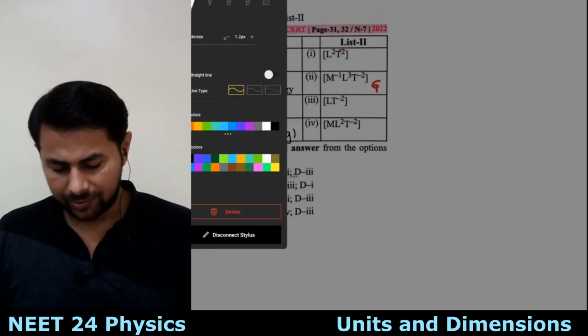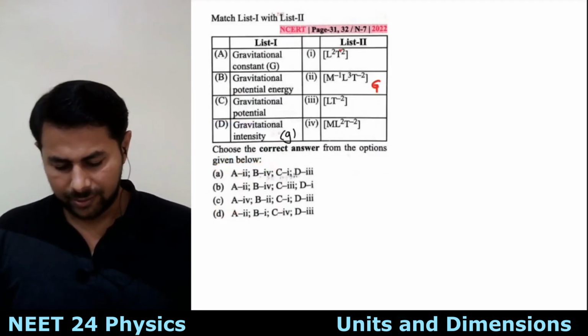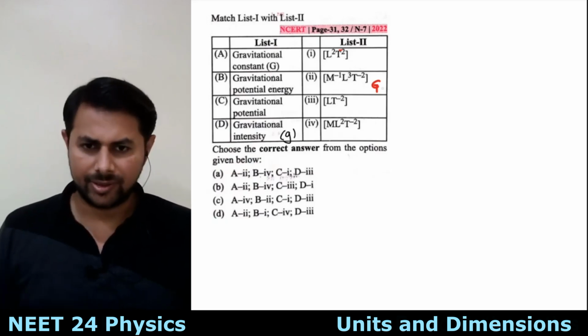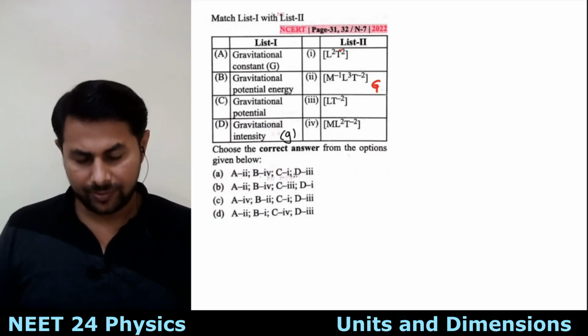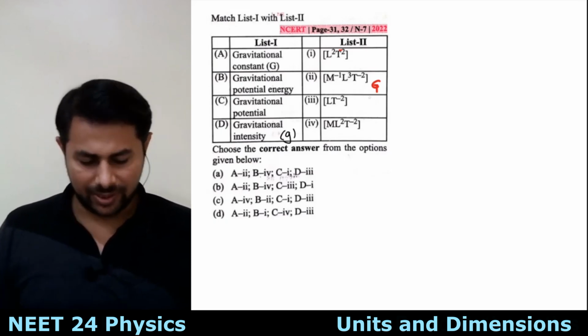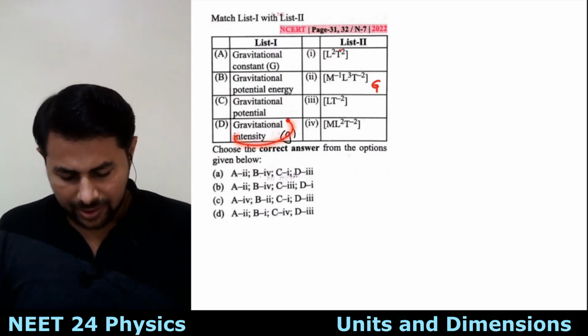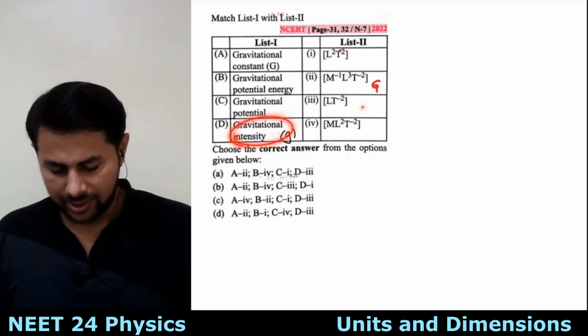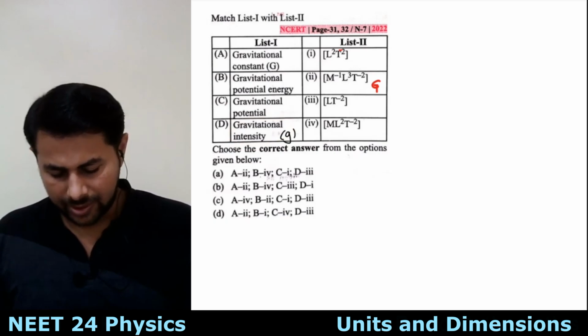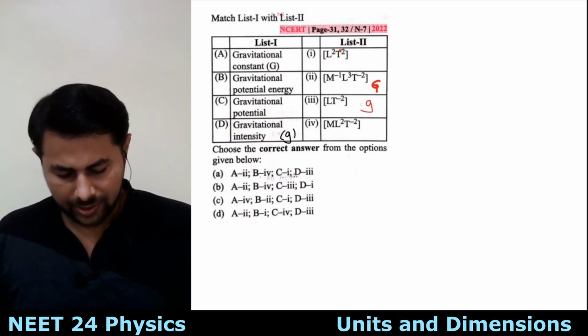Tell me. We'll talk about that when gravitation comes. Is it D option? Okay, you told the option directly. I wanted the dimensions of this thing. It is this thing, right? It is acceleration, and that's why dimensions are this.